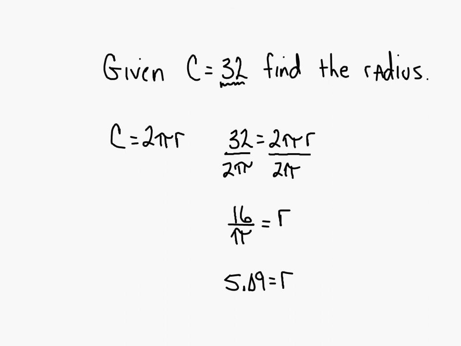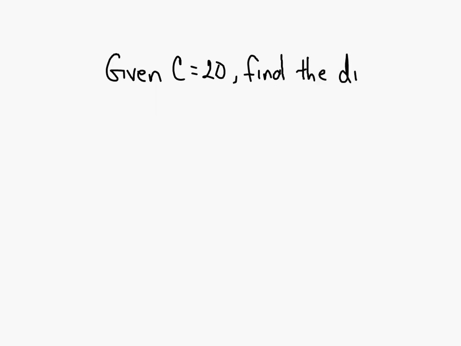Given the circumference equals 20, find the diameter. You know that circumference equals pi times the diameter.